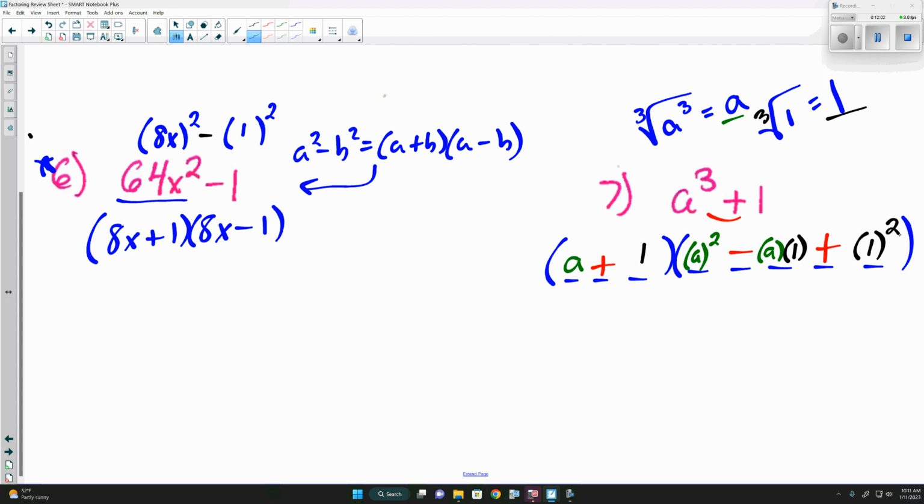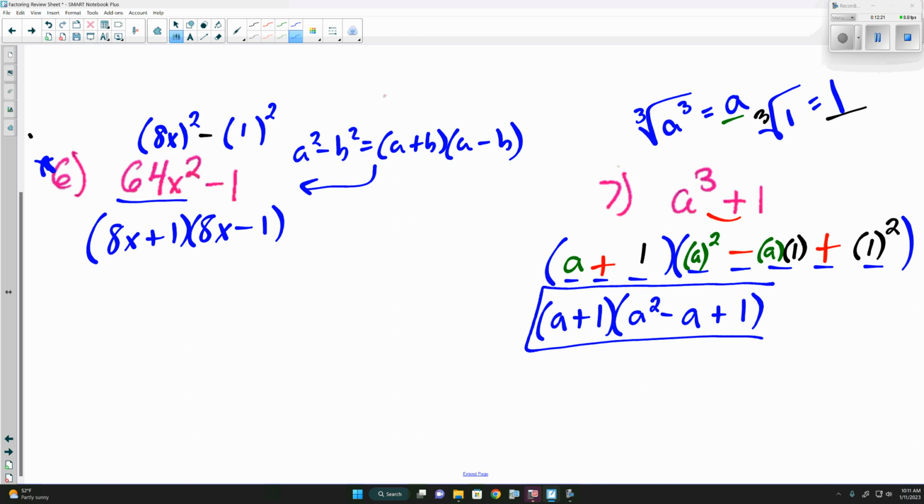Now, we do need to simplify a little bit. It's not going to affect the first set of parentheses because that's just going to be a plus 1. In the bigger set, we have a squared, which is just a squared, minus a times 1 is a, plus 1 squared is 1. And we have this here.